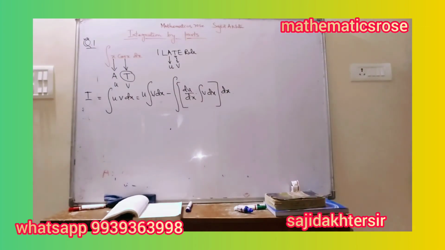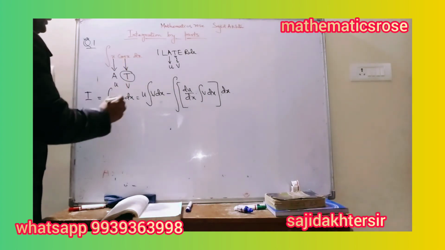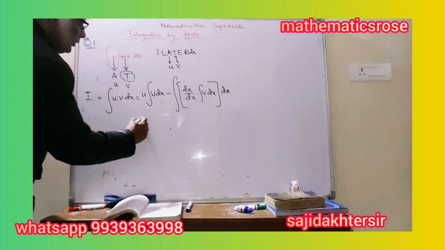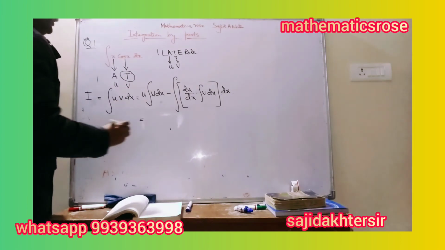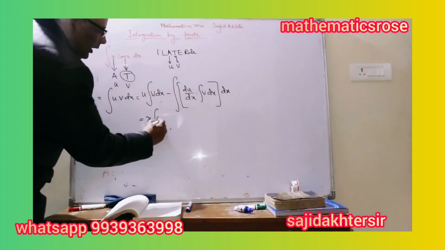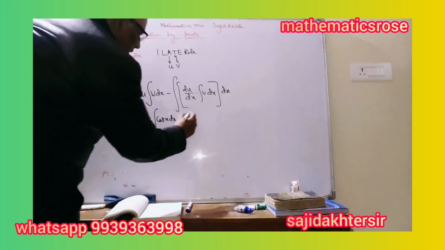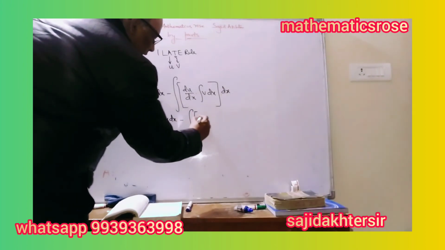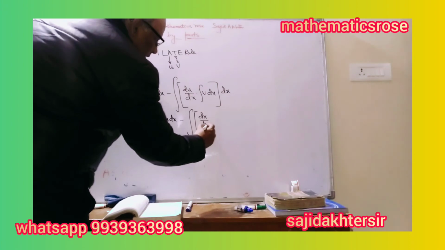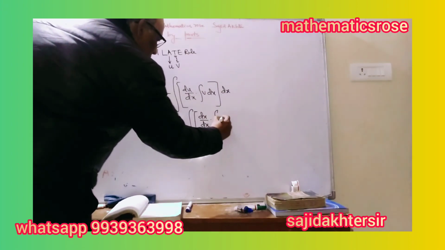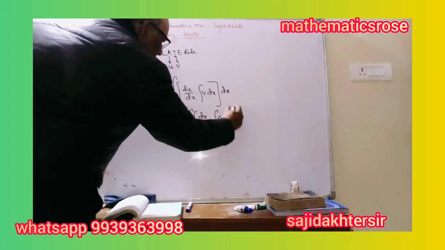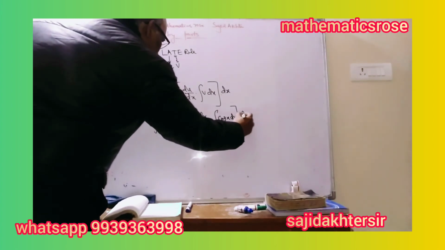Now here in place of u we write x, and cos x dx, then the differentiation of x with respect to x, and then again the integration of cos x dx, and then dx.